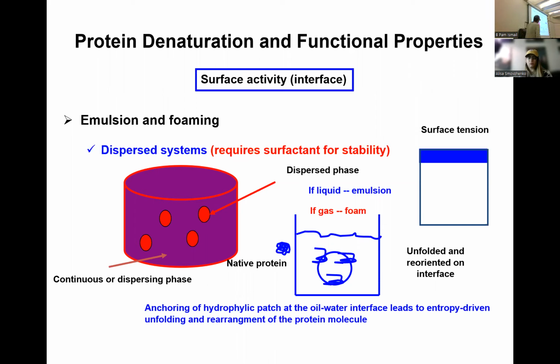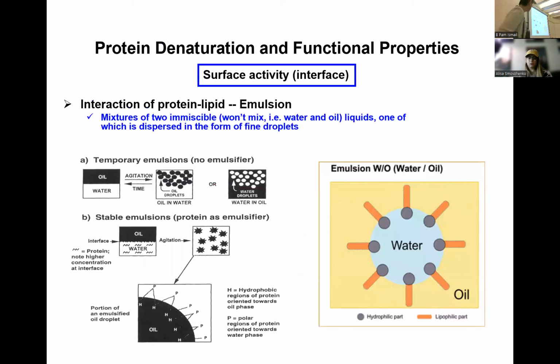This is basically what I said. It's entropy driven, meaning you want to contain the energy. You unfold, then you contain the energy generated by unfolding and forming interactions and forming that film around the oil droplet. So you always need the homogenization.